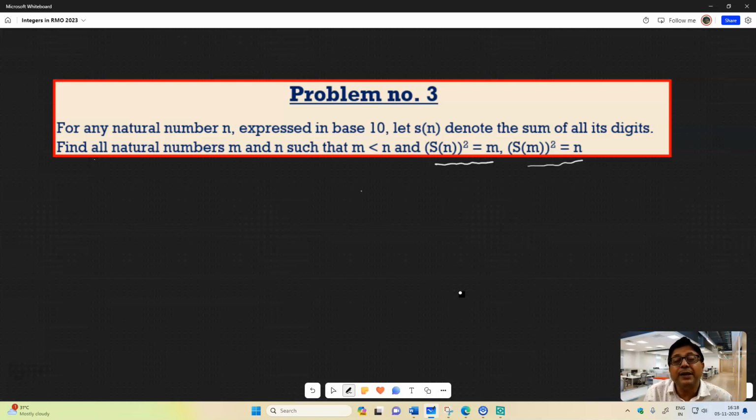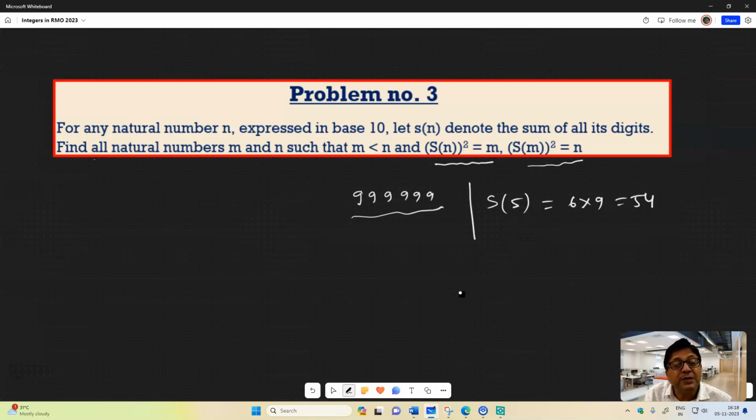Suppose you have taken a number which is, say, 6 digit. The maximum value of a 6 digit number, if you consider, is 6 nines. What is the value of Sn? If it is a 6 digit number, Sn is what? 6 into 9, that is 54.